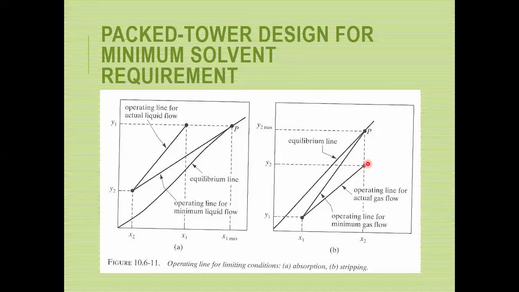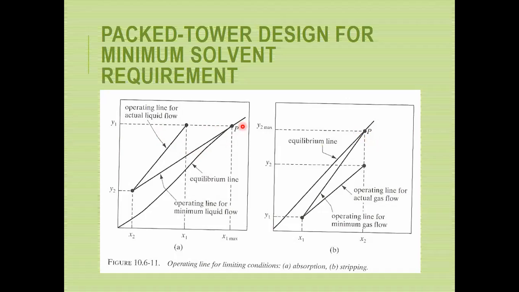So we transfer the original point to a location that made the operating line for your stripping section tangential to your equilibrium line or curve. That's how we determine the minimum solvent requirement. That's how it's done graphically.